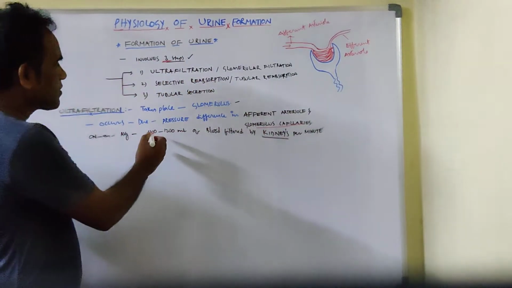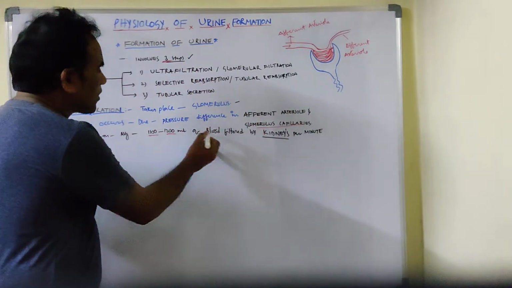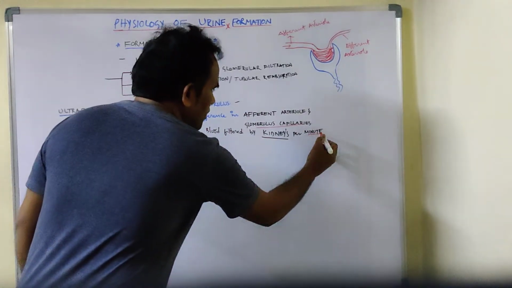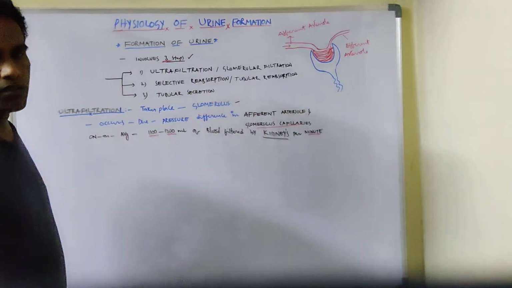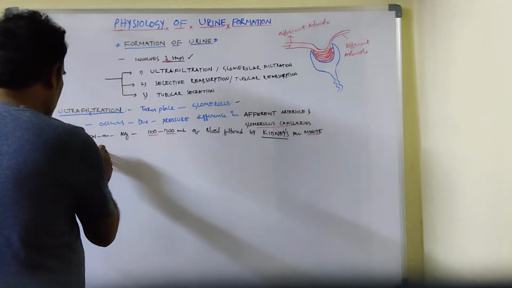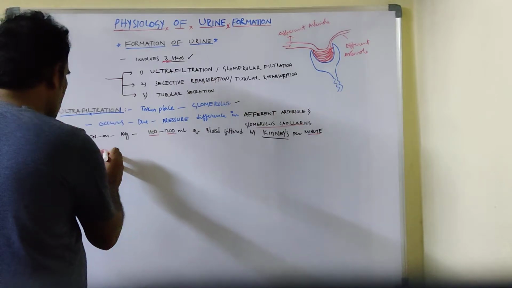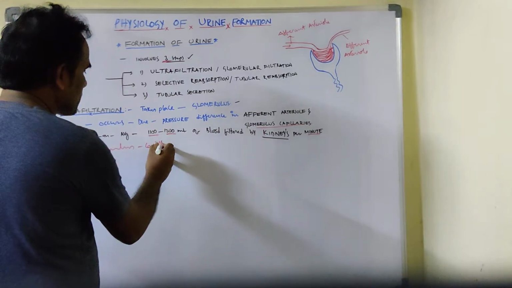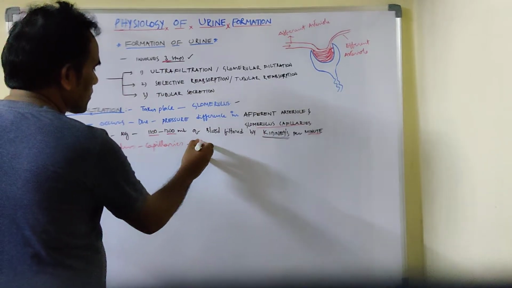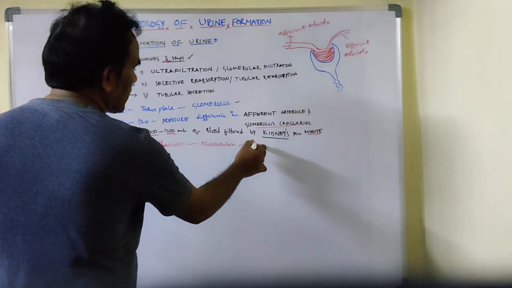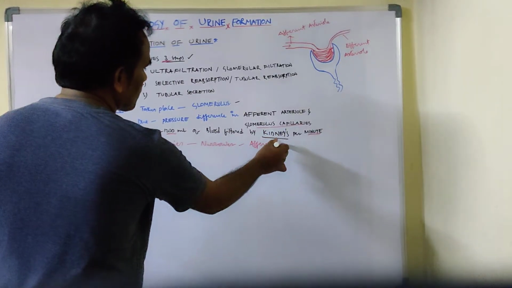On an average, 1100 to 1200 ml of blood is filtered by the kidneys per minute. The glomerulus capillaries are narrower than the afferent arterioles.